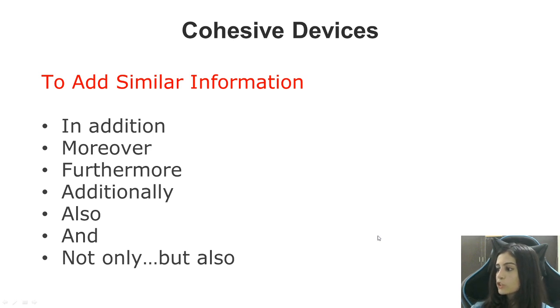So you can change it into "Exercise helps people to maintain not only their mental health but also their physical well-being," or you can say "but also their physiological well-being." So physical can be changed into physiological, health can be changed into well-being, or in certain cases you can also write development, right?